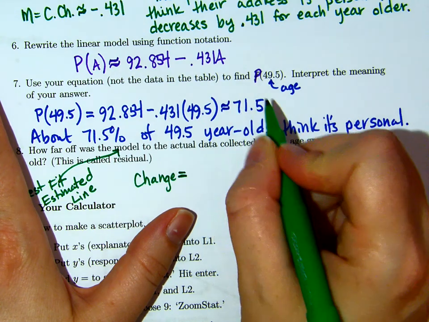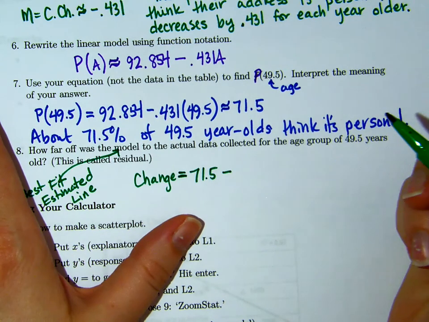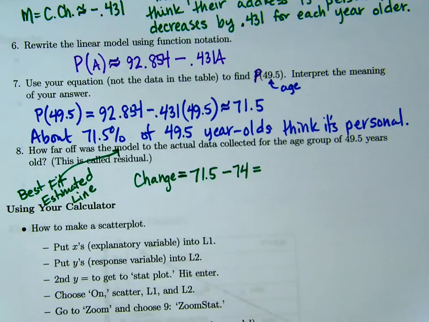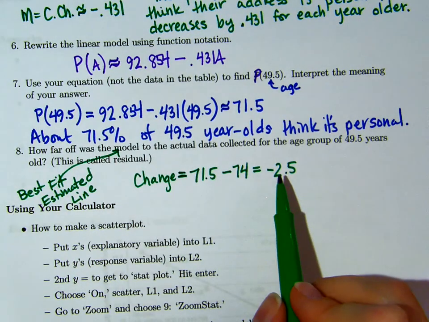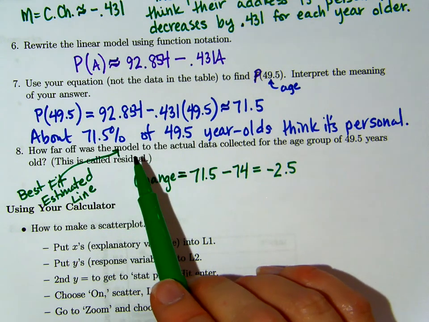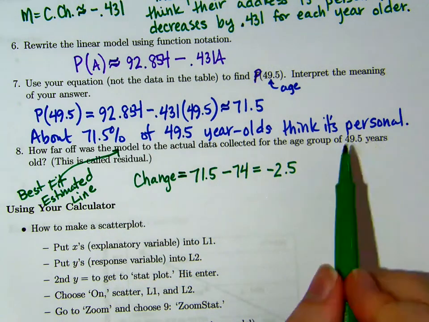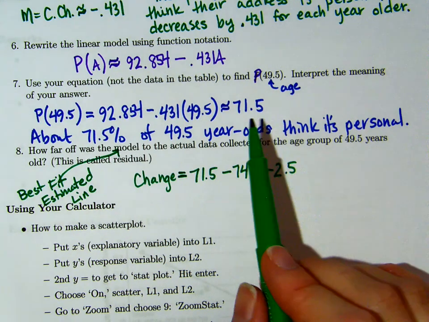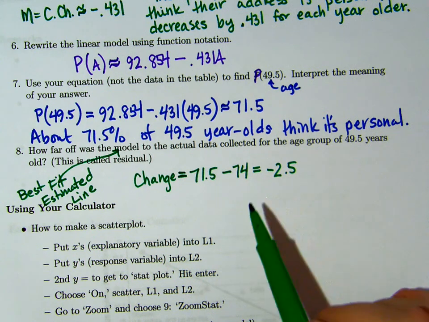Okay, well, the new amount is the model amount, so 71.5 minus the original that we knew was actually 74. How much difference is that? 71.5 minus 74, negative 2.5. Okay, so here's the residual. This is how far off the model was from the real percentage that happened for that age group. And what is that? The model was 2.5% below what actually happened.